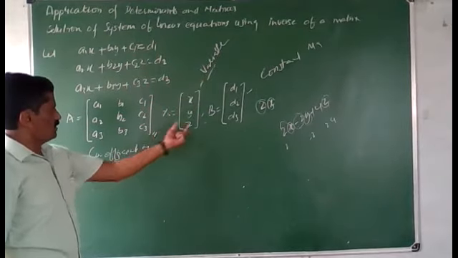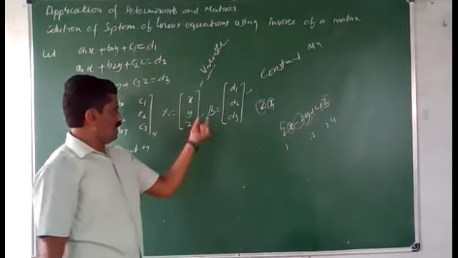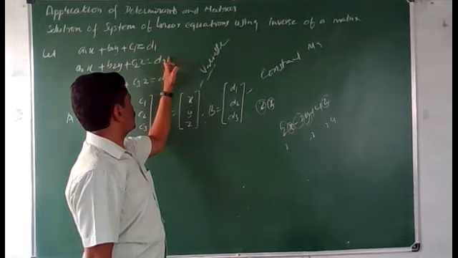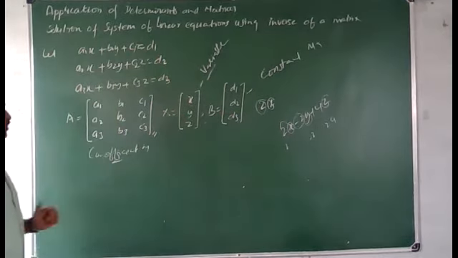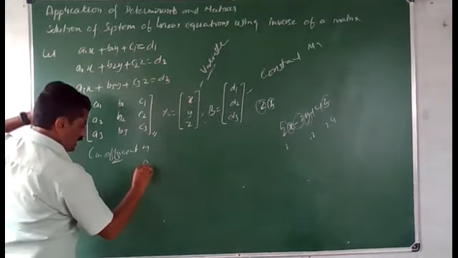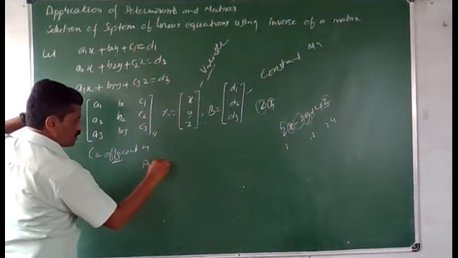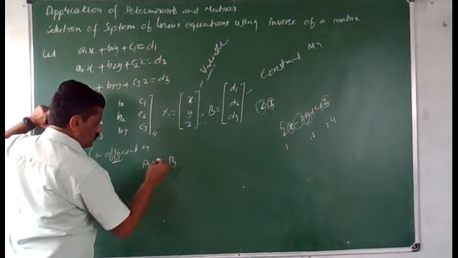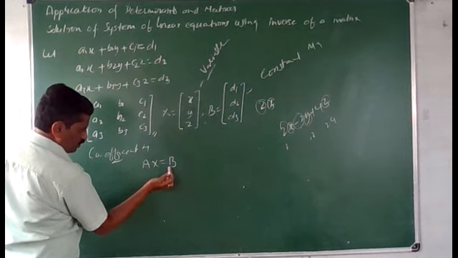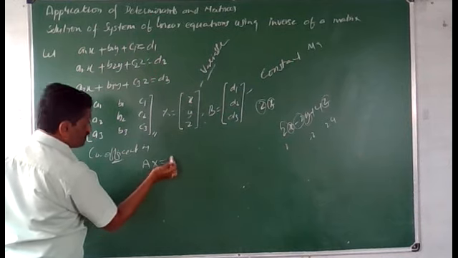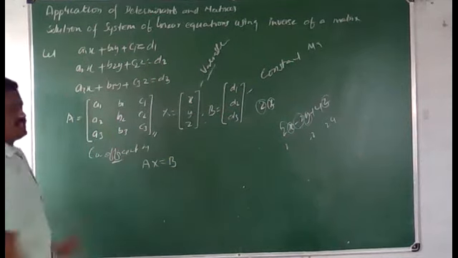Now write the coefficient matrix, the variable matrix, that is x, y, z, and the constant matrix, write the constants, that is d1, d2, d3. So now this can be written as what? That is AX is equal to B. If you multiply the coefficient matrix with the variable matrix and equate to the constant matrix, you get the same simultaneous equations.